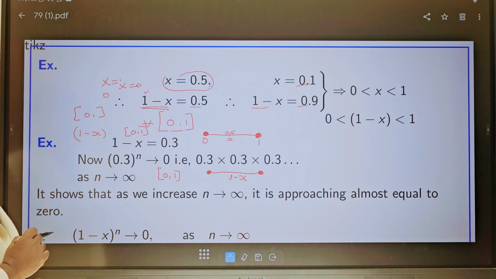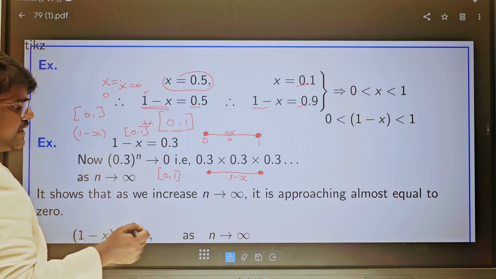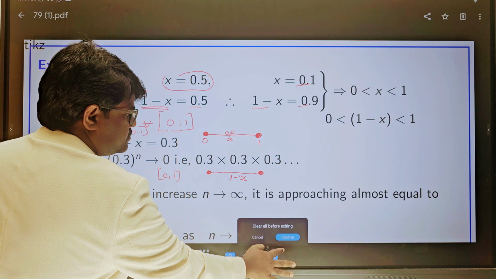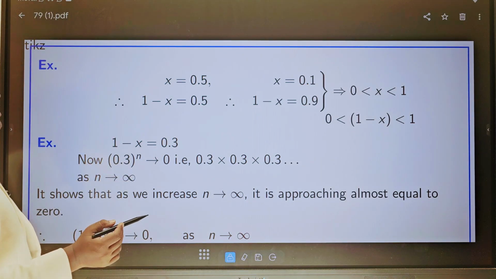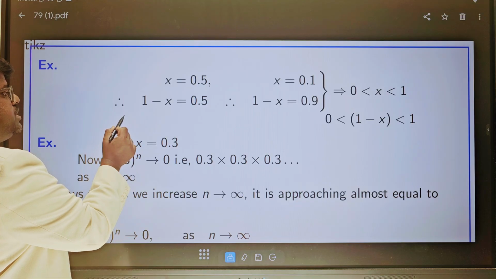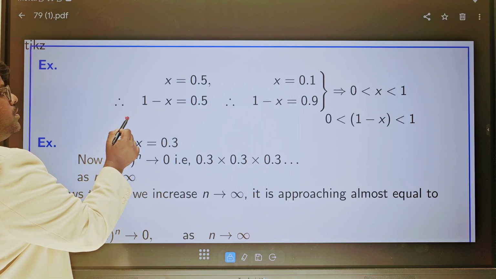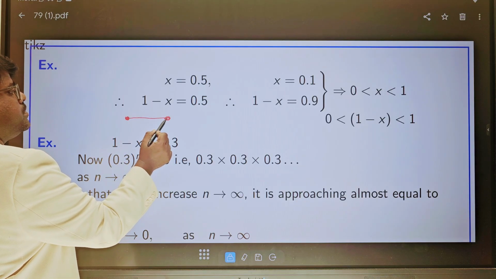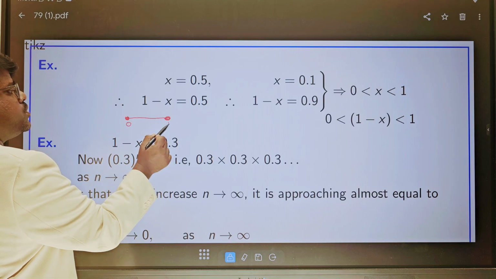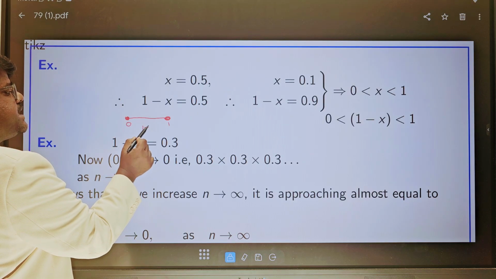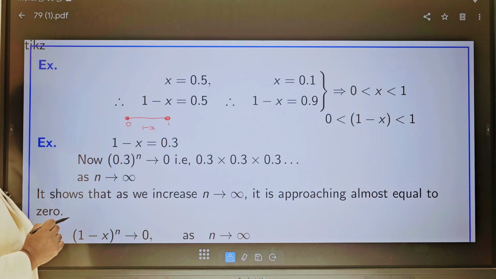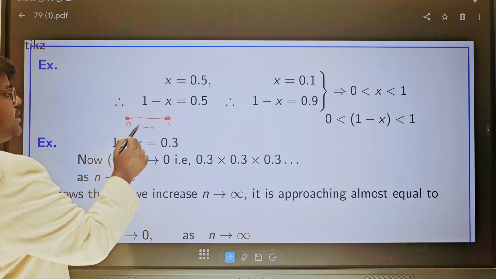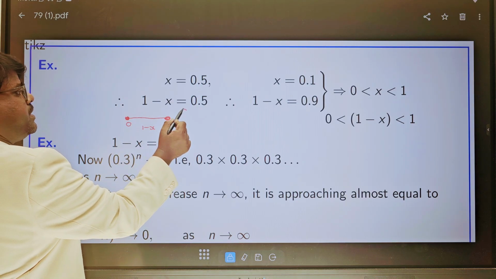Now I will raise the power. This is 0, this is 1, and 1 minus x values will also lie between 0 and 1.